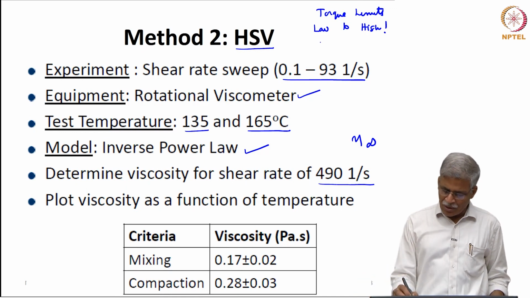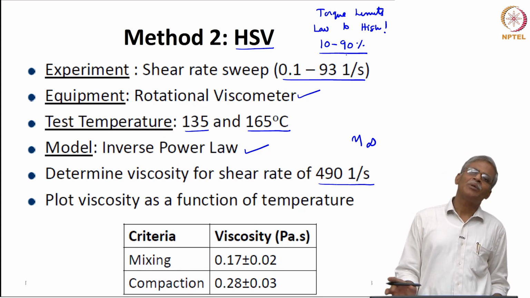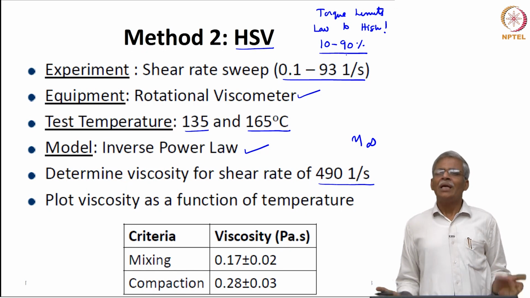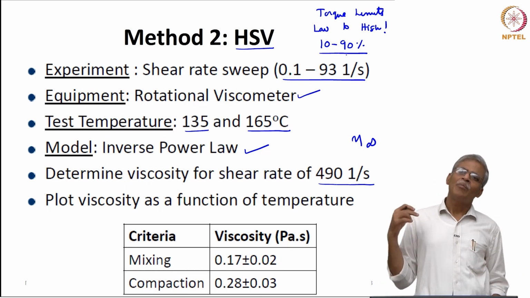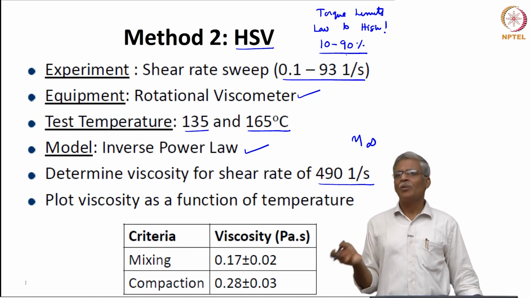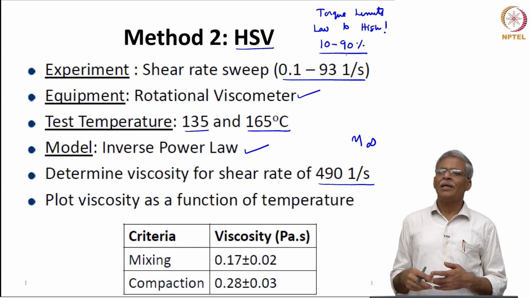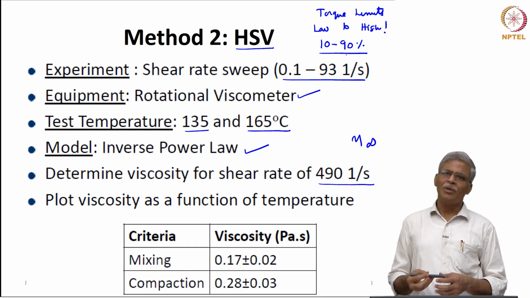Normally for a rotational viscometer, if you make any measurement in the range of 10 to 90% of the torque capacity, these measurements are found to be reliable. Any measurement made below 10% or above 90% cannot be considered reliable, and there are some issues related to the calibration factors that are being used.